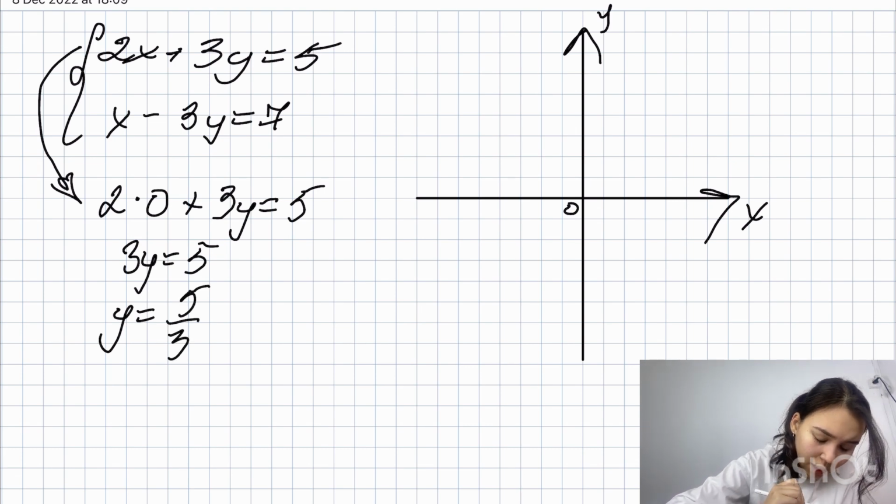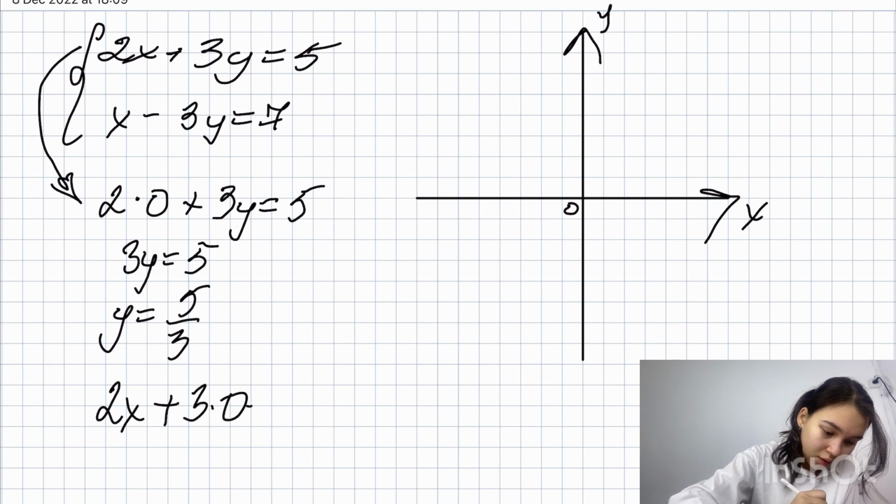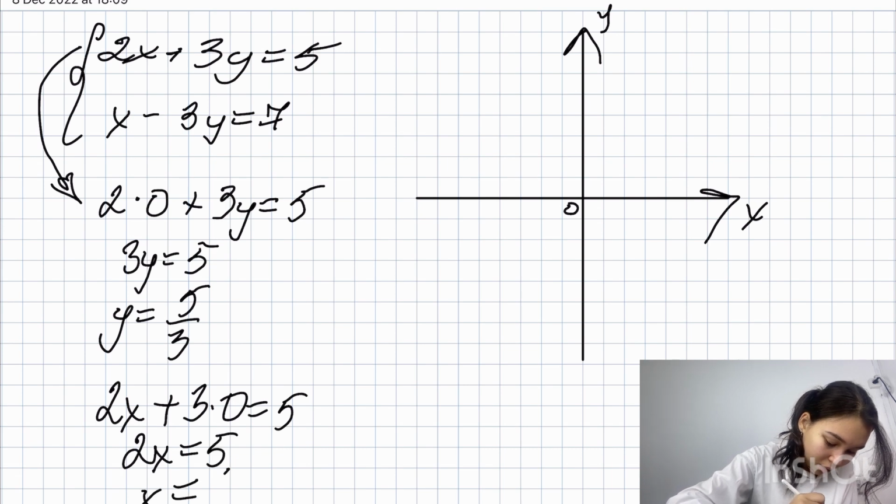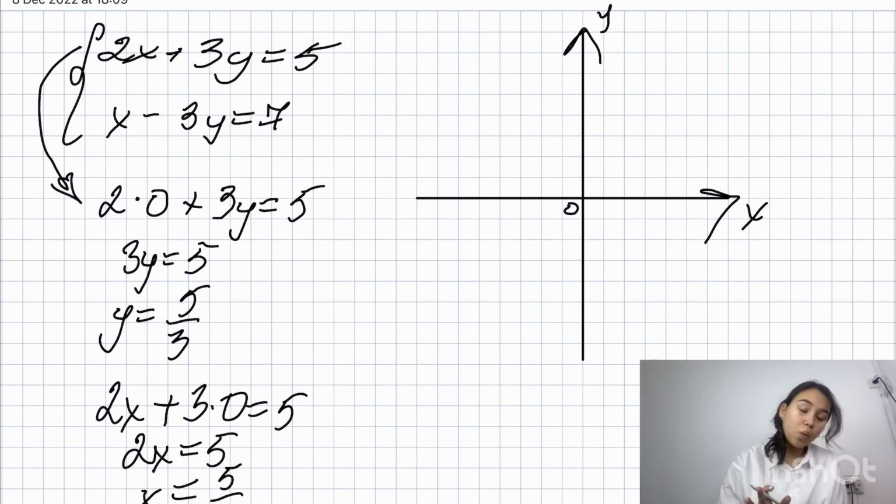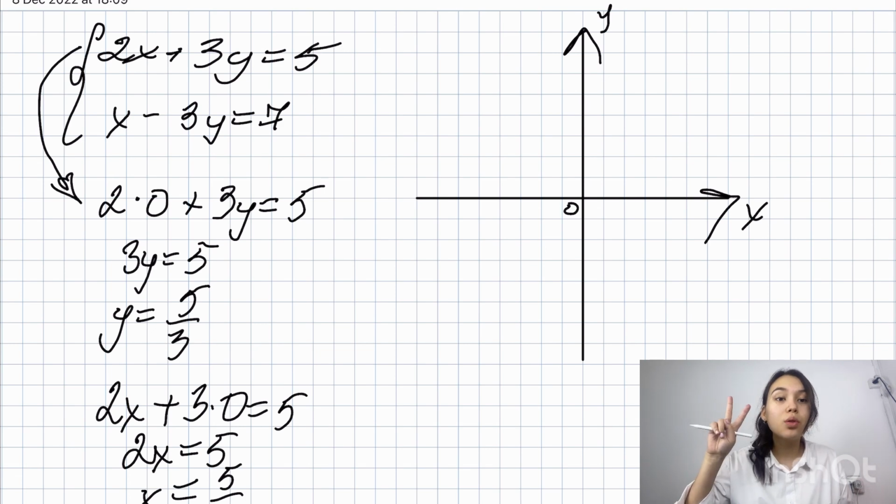Then let's set y to 0. 2x plus 3 multiplied by 0 is equal to 5. It means that 2x is equal to 5 and x is equal to 5 over 2. So what should we do? We know that to draw a linear equation, it is enough to have 2 points on the line.